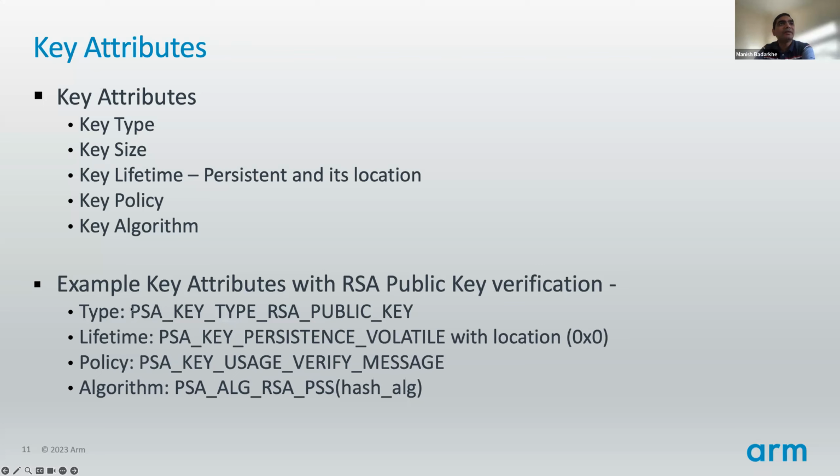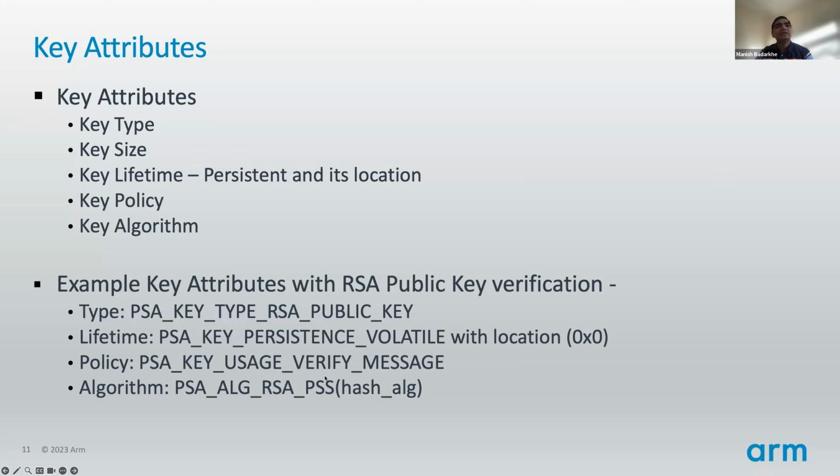Key type: suppose I want to do RSA verification, then I will set the key type as an RSA key. Its lifetime is divided into basically two things: where this key gets stored and what its lifetime is, whether it is a persistent key or a volatile key. The persistence level gets set along with the location of that key using the lifetime.